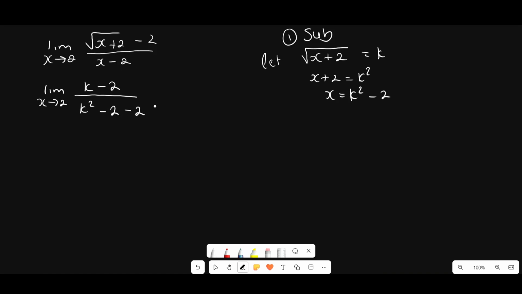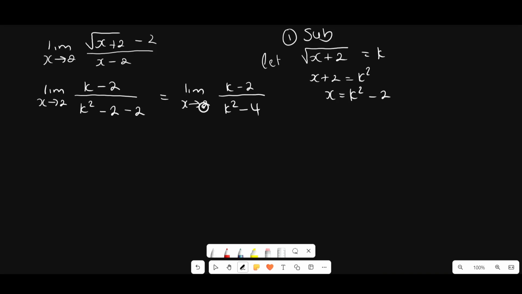If you simplify, you will have the limit as x approaches 2 of k minus 2 all divided by k squared minus 4. Now here comes the thing. This doesn't make sense. You have the limit as x approaches 2, but on our function we have k, so we have to have k here in this case.